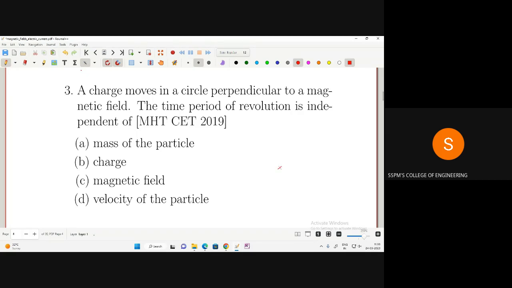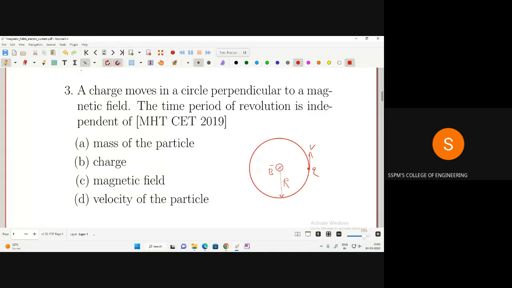As per the previous example, let's consider the magnetic induction is perpendicular to the paper, its outward normal, and the charge q will move in a circular path like that. Let r be the radius of the circular path, and the charge q will move in the circular path with velocity v.